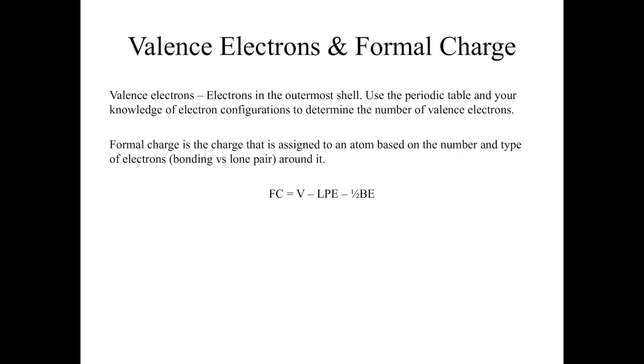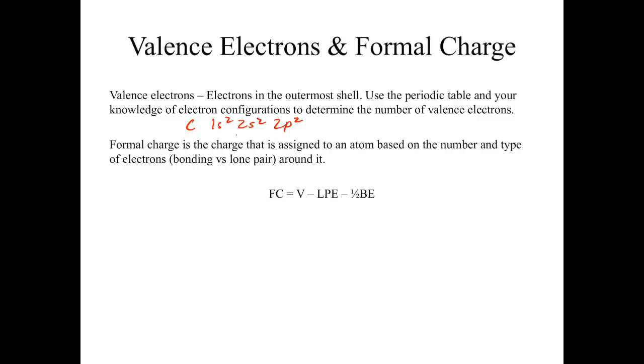Now the other thing that we have to look at is this concept of valence electrons and formal charge. For valence electrons, we have to go back to our understanding of the periodic table. We know what a valence electron is. Valence electrons are electrons from the outermost shell. The example that we could use is carbon. If we write down the complete electron configuration for carbon, we get 1s2, 2s2, 2p2.